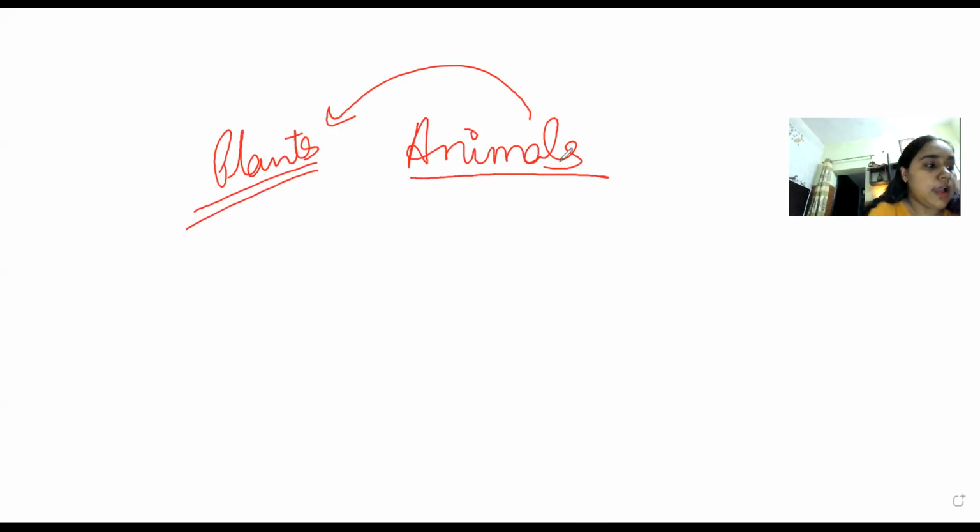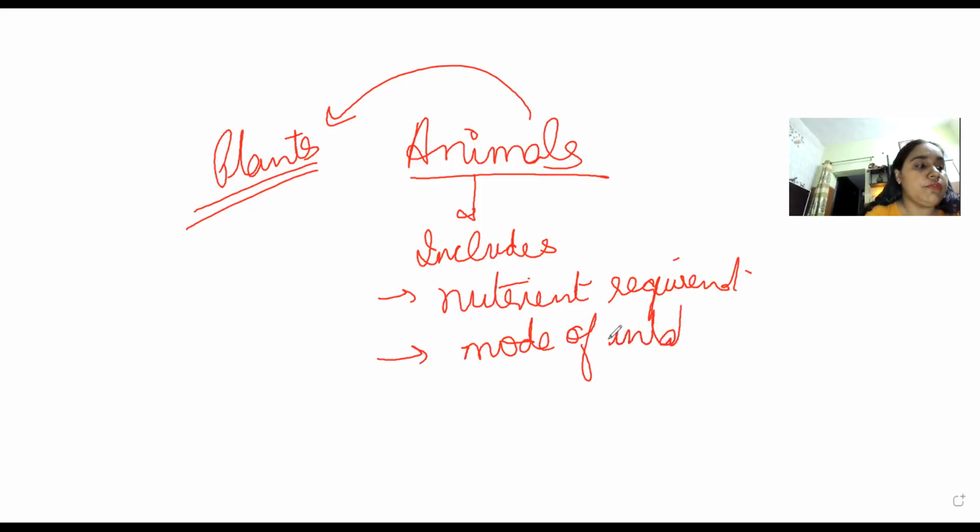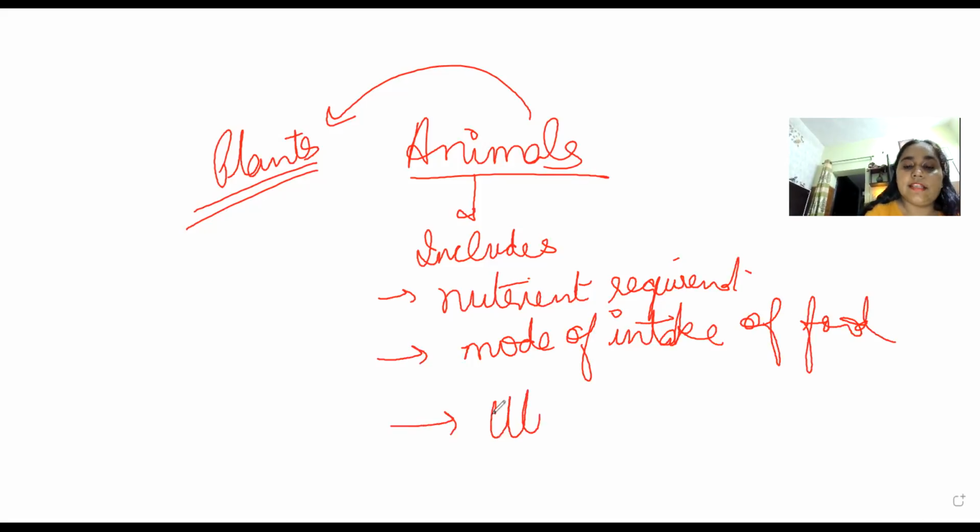So animal nutrition, basically, what does it include? It includes the nutrient requirement, then the mode of intake of food, and its utilization in the body.